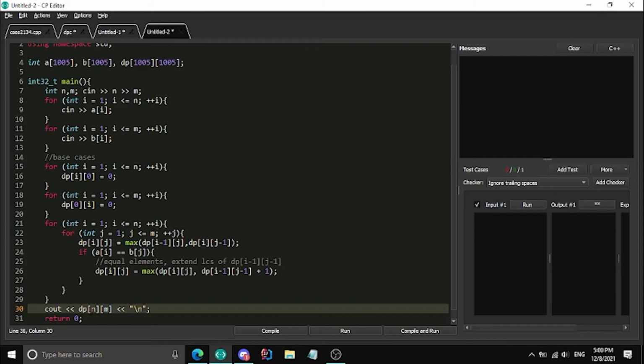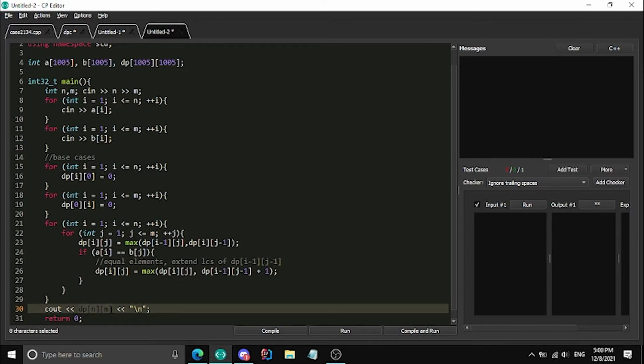So dp at n m, again, where dp at i j stores the length of the longest common subsequence between the first i elements of the first sequence and the first j elements of the second sequence.